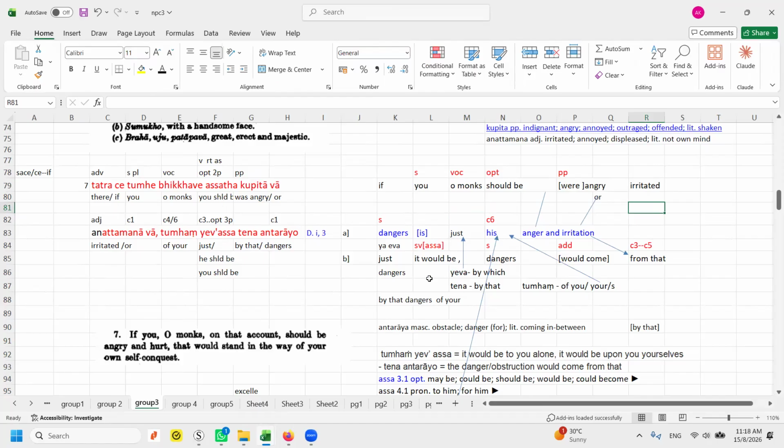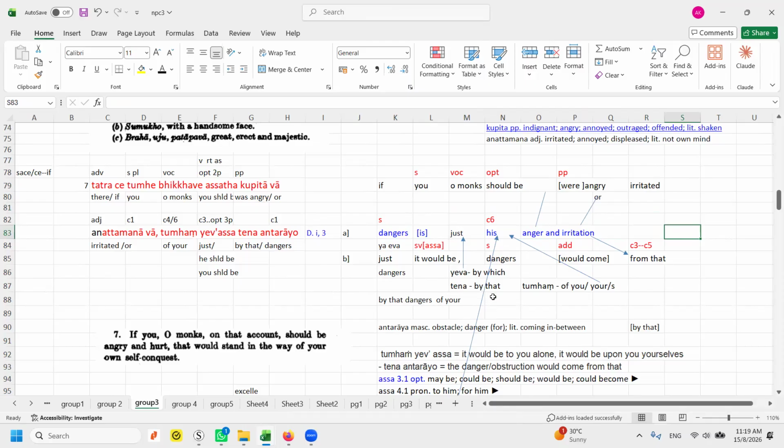That means irritation, anger is a danger. So this is rephrased already. Danger is just his irritation and anger. Anger and irritation. But this one, when I do that, you get confused, but you break it down in these two ways. Then it will be a lot easier.